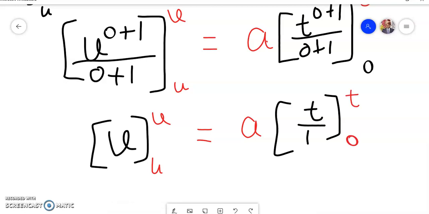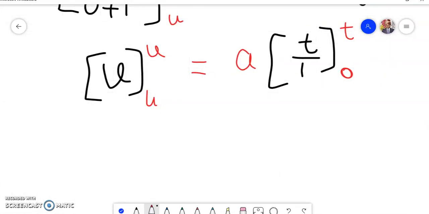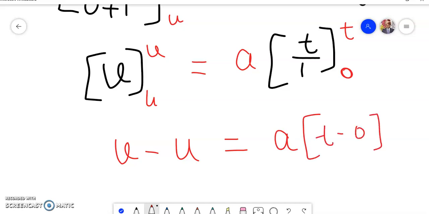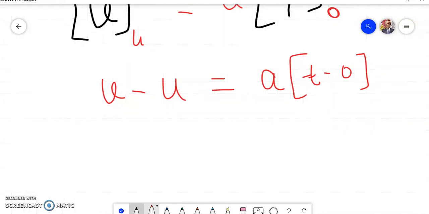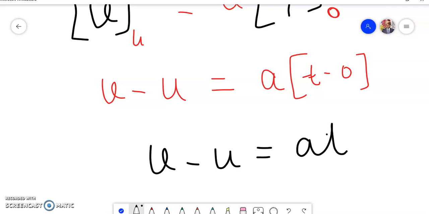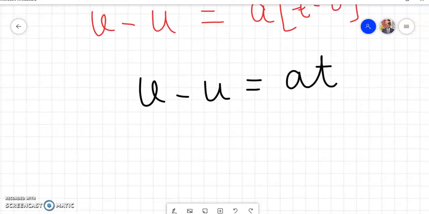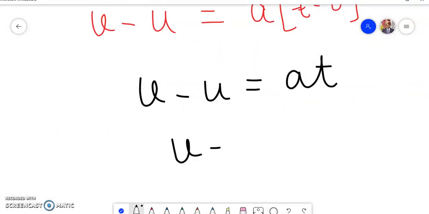Now apply the limit. See, it is v minus u, and it is equal to a t minus 0. Lastly, you can find that v minus u is equal to at, or to conclude, v is equal to u plus at.